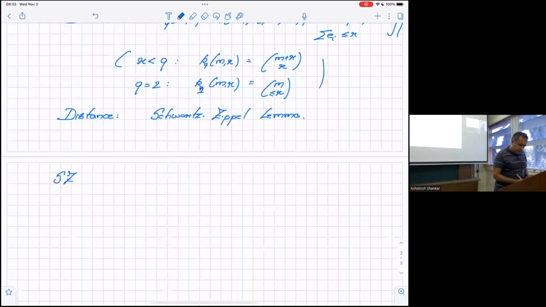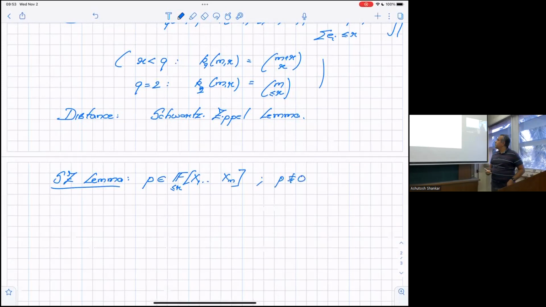Let's state it in its most general form. The lemma states that let P be a polynomial in F[x1, ..., xm] of degree at most r, where P is not identically 0.